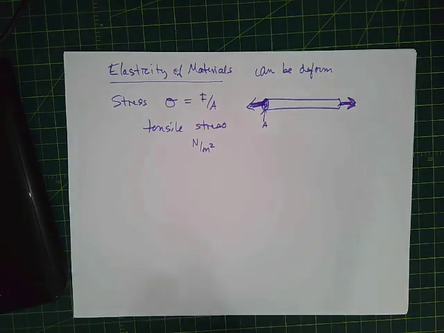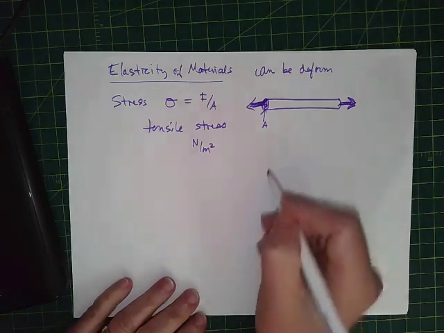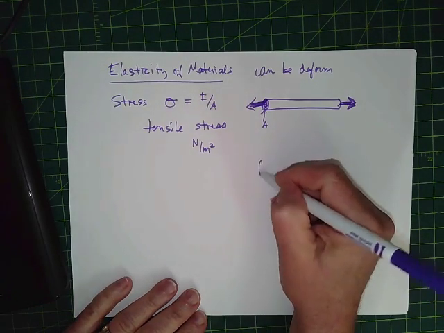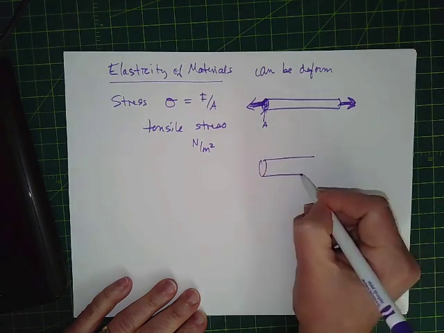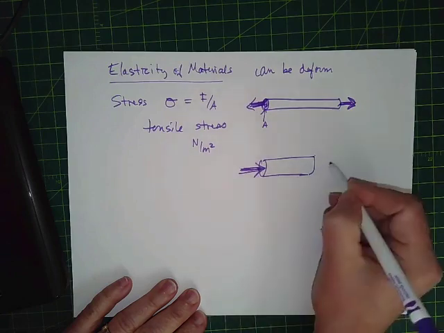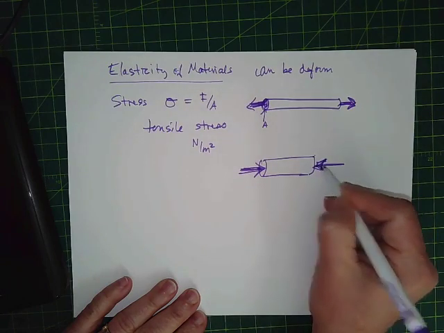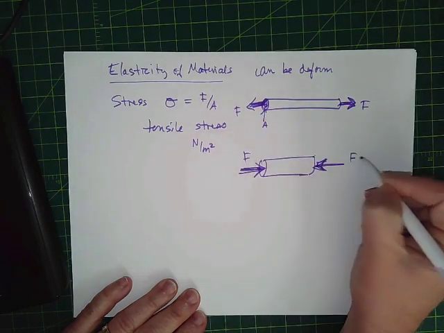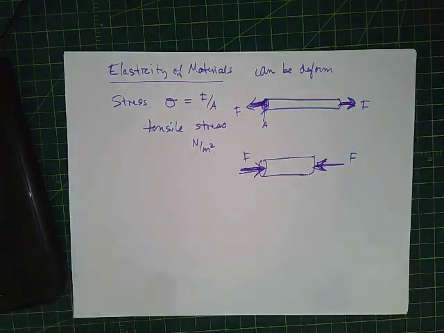The other one, the dual of this, would be compressive stress. So we've got something that's being pushed, being squished. These are forces. You can think of springs, but all materials have this elastic property.